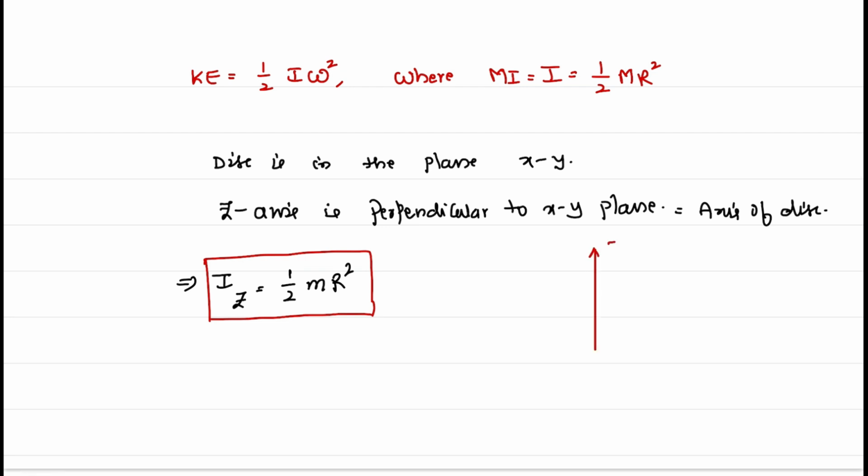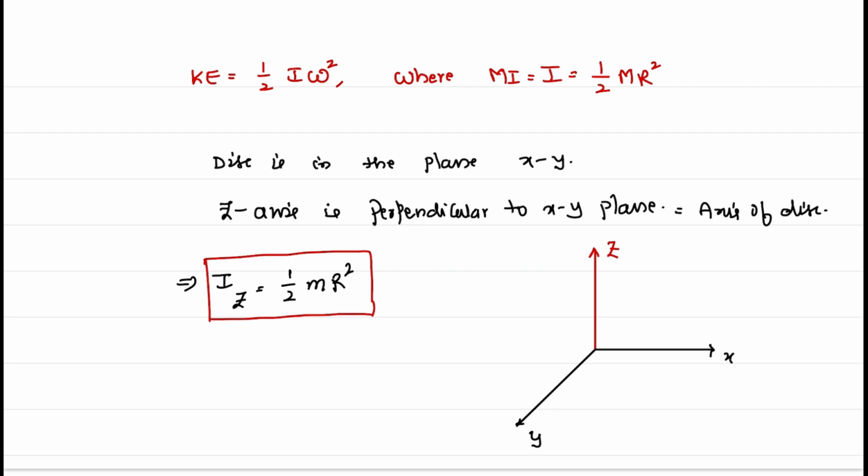This is the Z axis and this is the x axis. Be familiar with the three-dimensional axes in rotational motion. It is not necessary that you keep z this side and x that side and y this side. You can make it any way. You should understand the concept, because all these three angles should be 90 degrees.